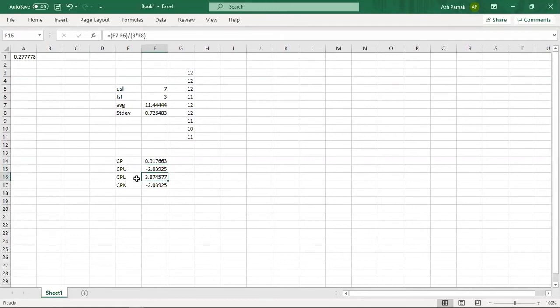And for CPL, it would be average minus LSL divided by 3 times the standard deviation. And for CPK, I have taken the minimum of these two. Absolutely. So the minimum of CPU and CPL, which is -2, is your CPK. And the standard for CPK is that it has to be greater than 1.